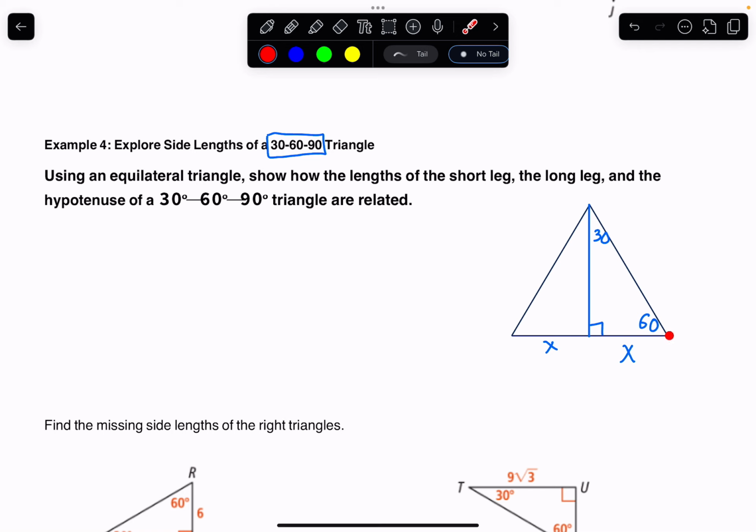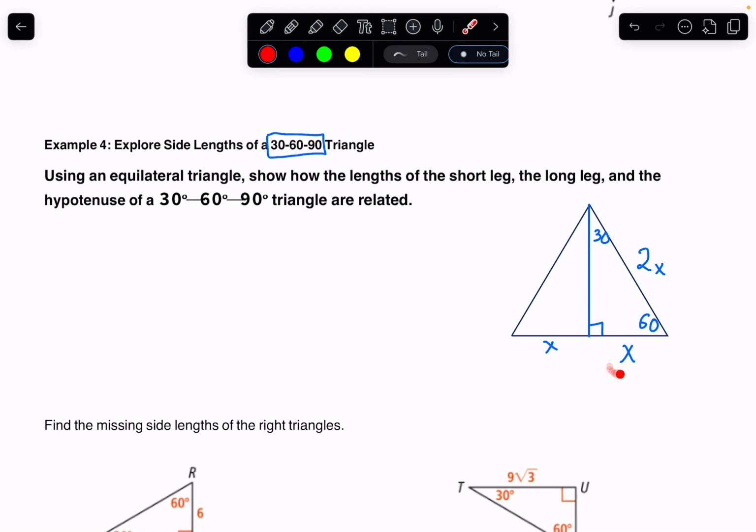Every side of the original triangle is going to be 2x units long. So we're going to write that the hypotenuse is 2x. We've got the short side is x units. The hypotenuse is 2x. We just need to find out the length of the third side of our 30, 60, 90 triangle. We can do that using the Pythagorean theorem.